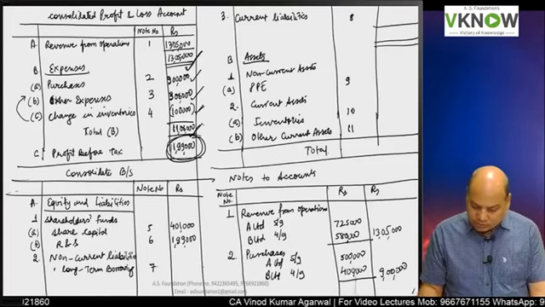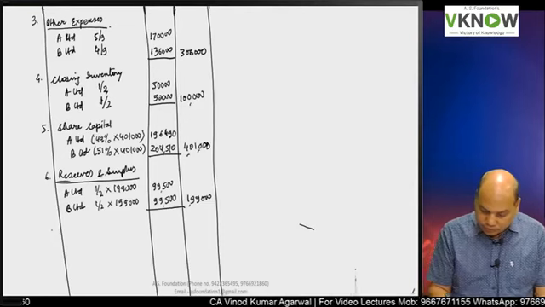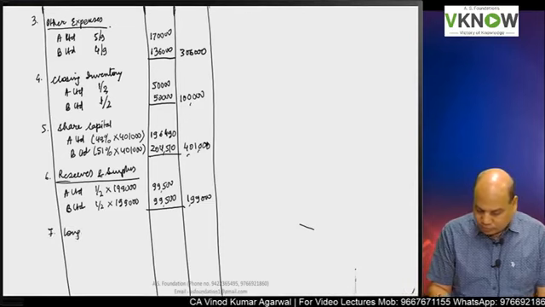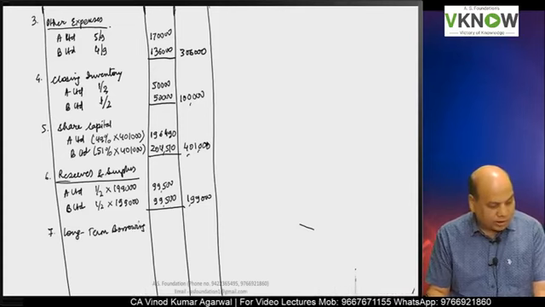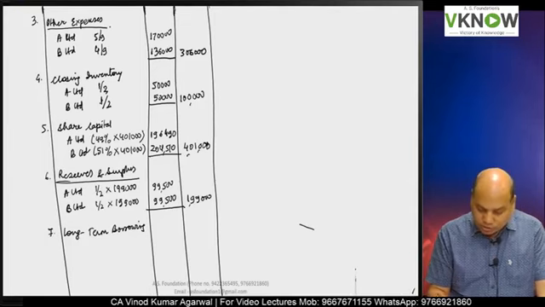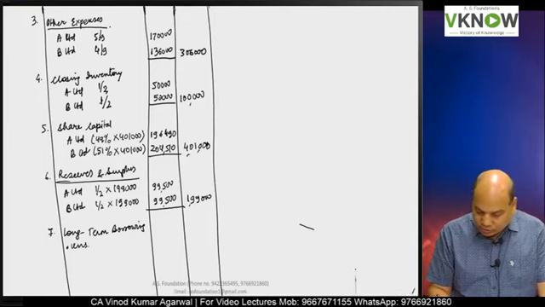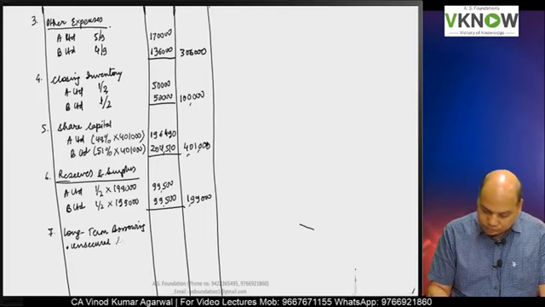Next, note number 7 is long-term borrowing. If you look at the trial balance, we have one item under long-term borrowing, and that is unsecured loan.